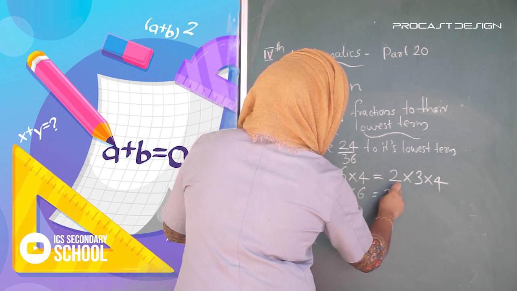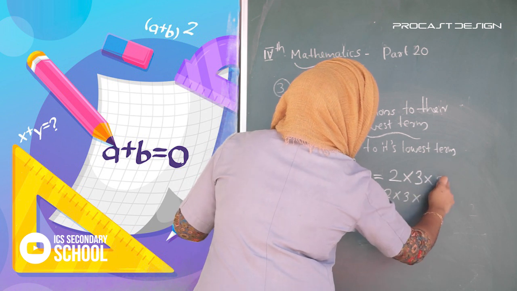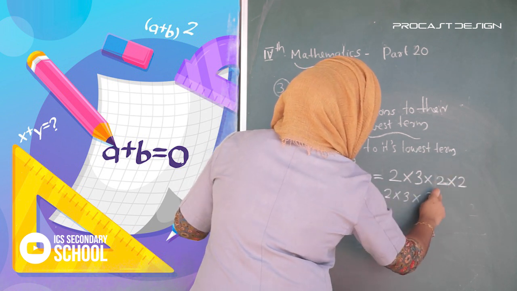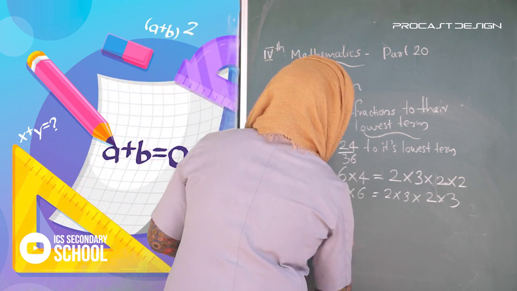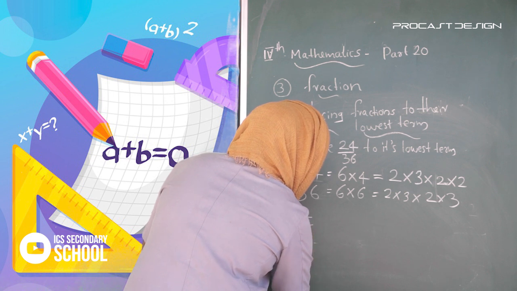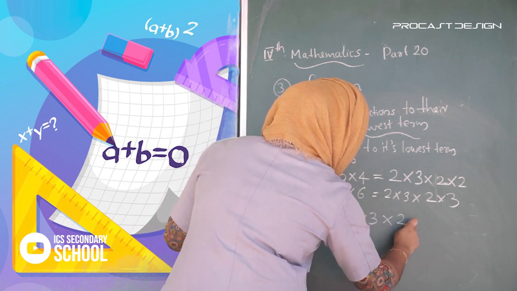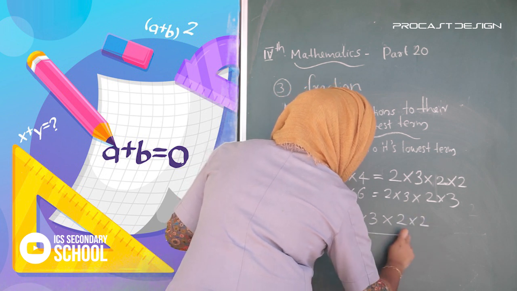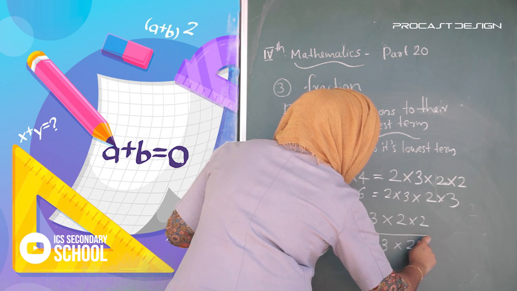Convert 6 into 2 into 3, into 2 into 3. So 24 by 36 means 2 into 3 into 2 into 2 by 2 into 3 into 2 into 3.